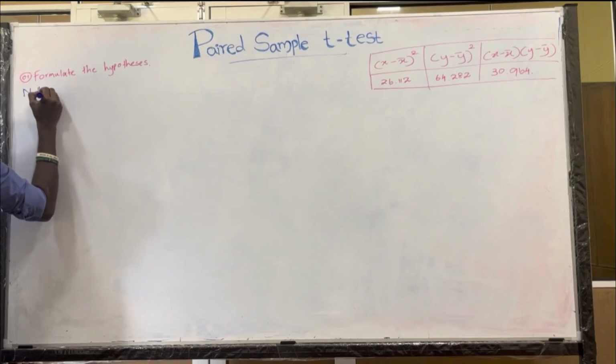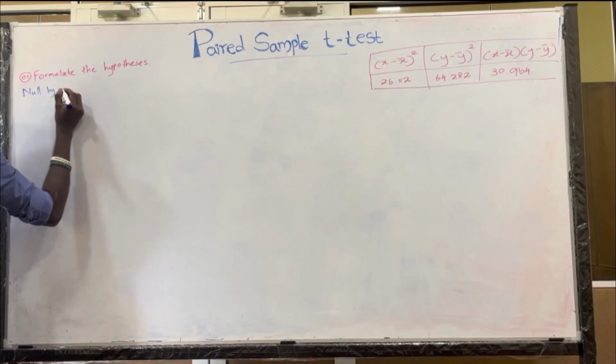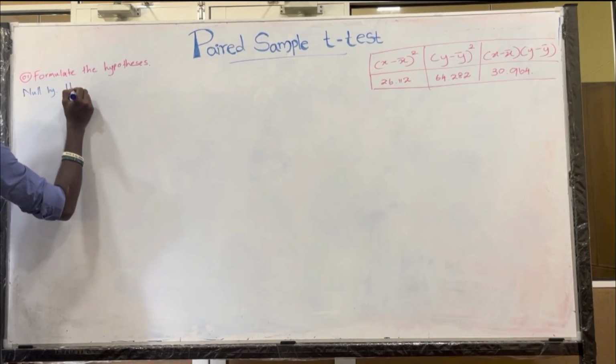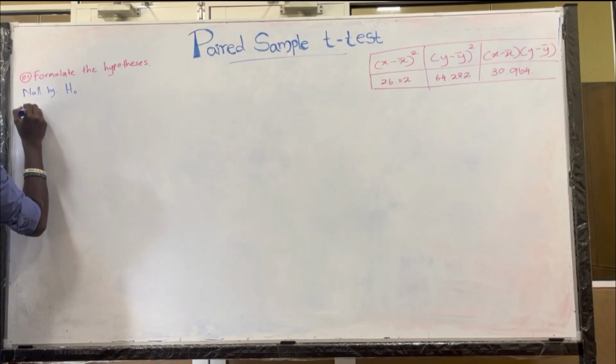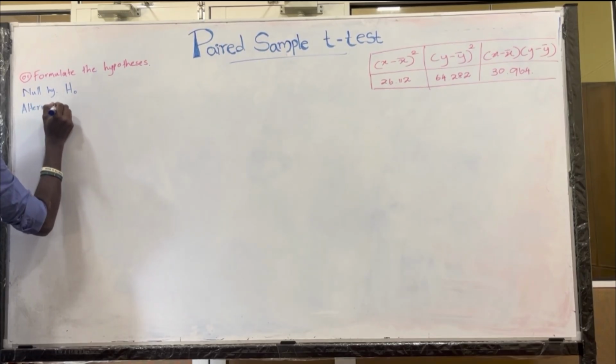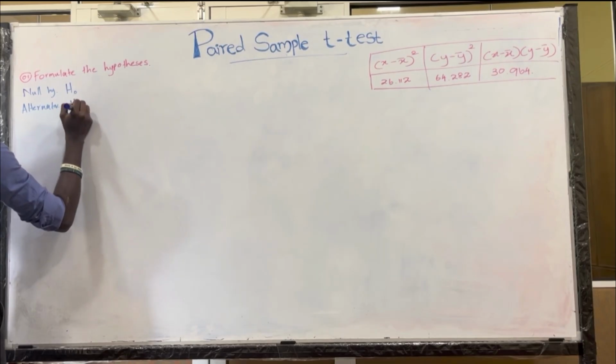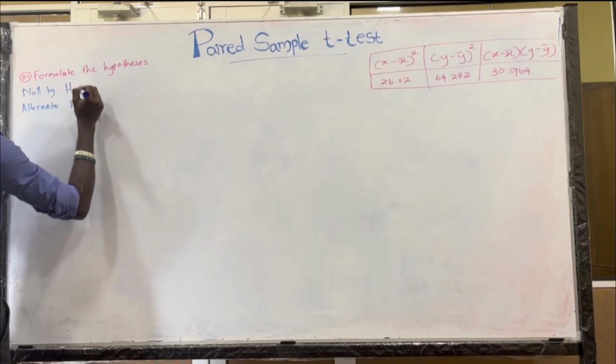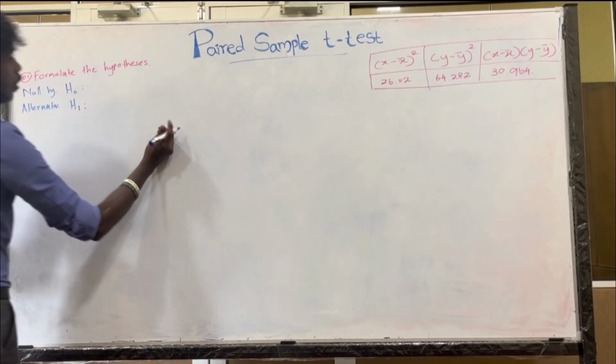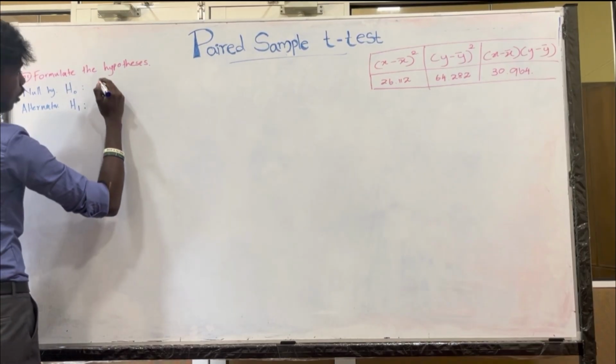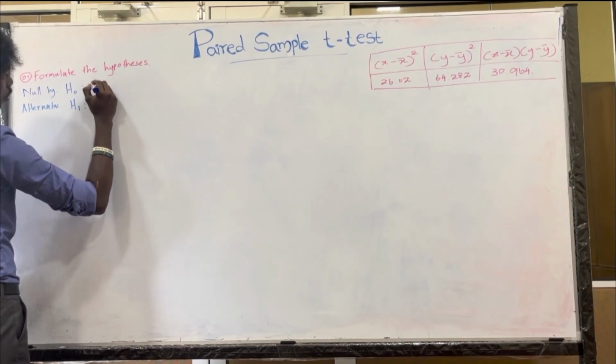Null hypothesis, it represents H0, and alternative hypothesis, it represents H1. Let's see what these hypotheses are.